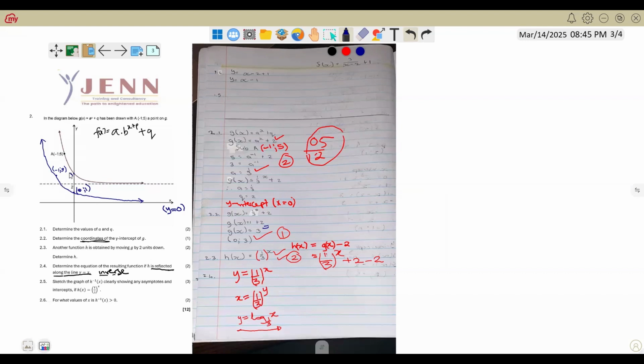Yes, sir. So this equation I put here is the equation of h. But now what you have to know, when we are coming from a function to the inverse, just know that everything where you were seeing x becomes y, and everything where we were seeing y becomes x. Please repeat what you just said.